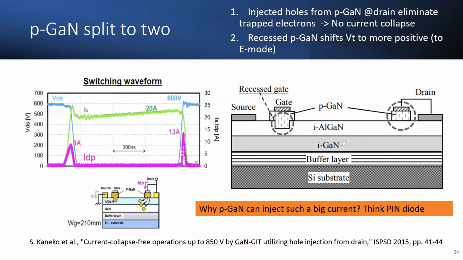So this is the beauty of it. Here, the gate, you make it in a way that you could make it enhancement mode. And then this one you could use in a drain to avoid the current collapse issues. So you have two birds with one stone.